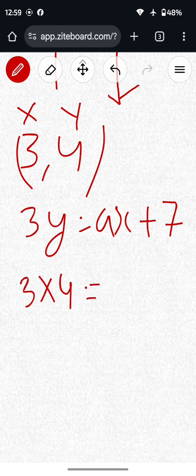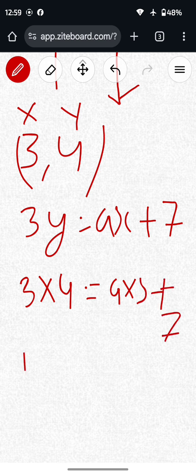If 3 comma 4 is the solution point on 3y equal to ax plus 7. Now as we know that this is x, this is y, so putting the value of x and y into the equation, it will become 3 into 4 equal to a into 3 plus 7.